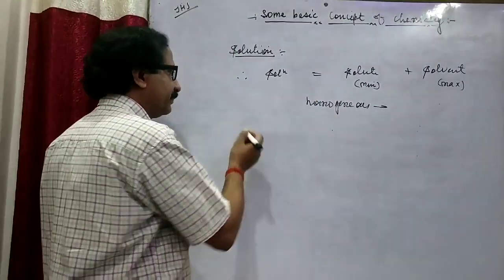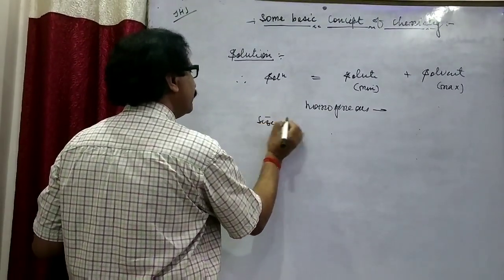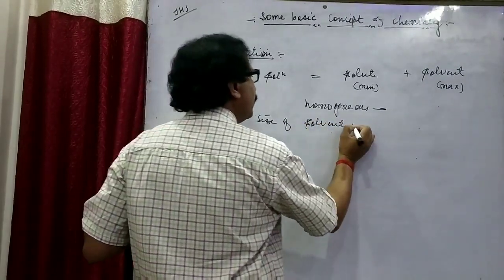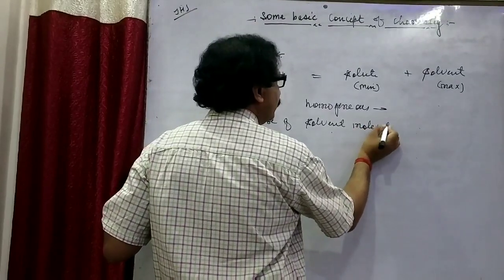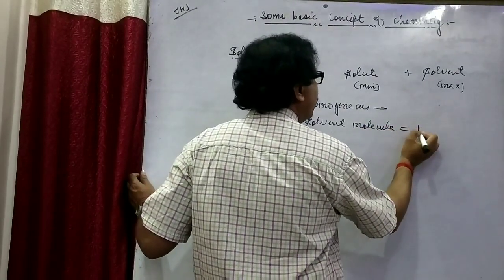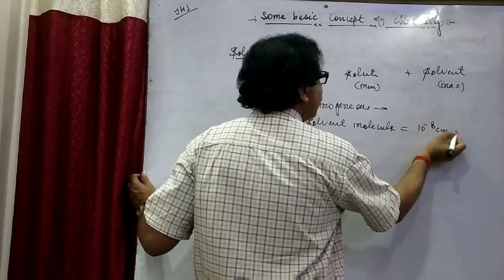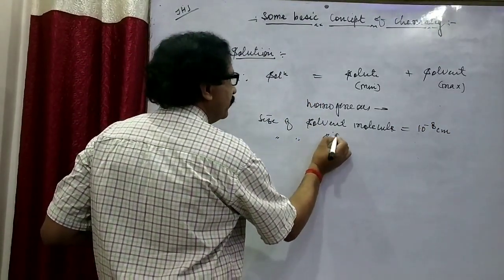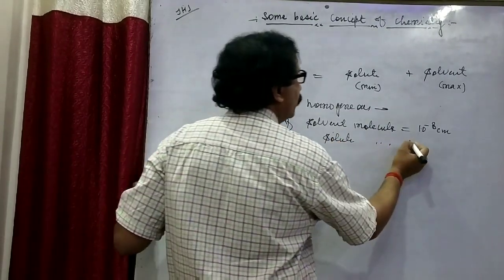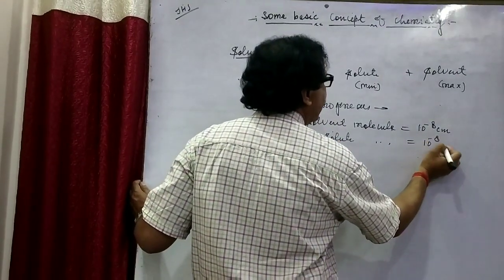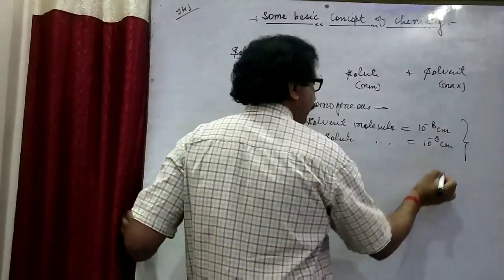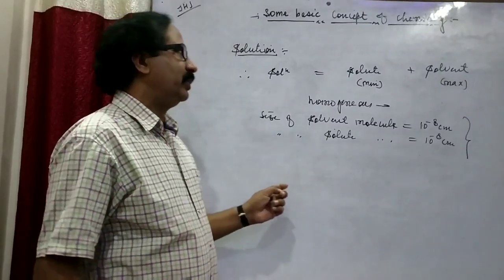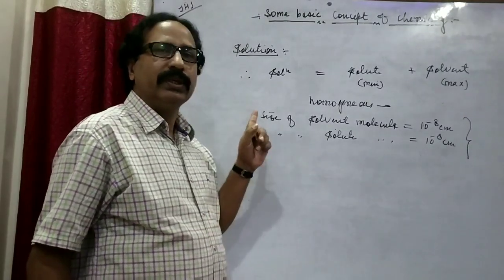The size of the solvent molecule is 10 to the power minus 8 centimeter. In the same way, the size of the solute molecule is also 10 to the power minus 8 centimeter. Having the similarity in the size of solute and solvent molecules, it is said to be homogeneous.